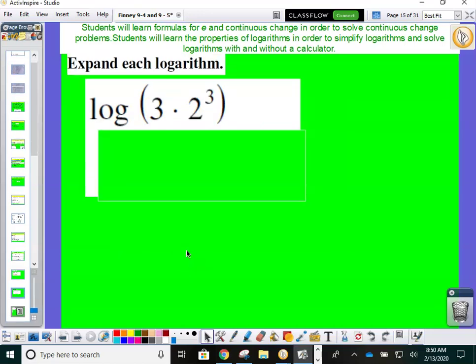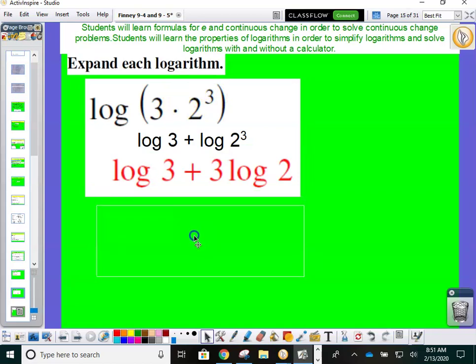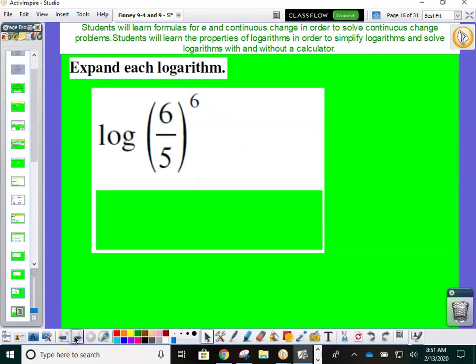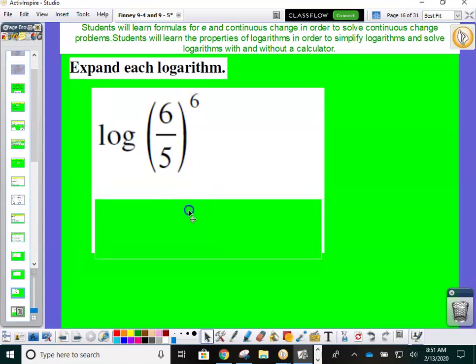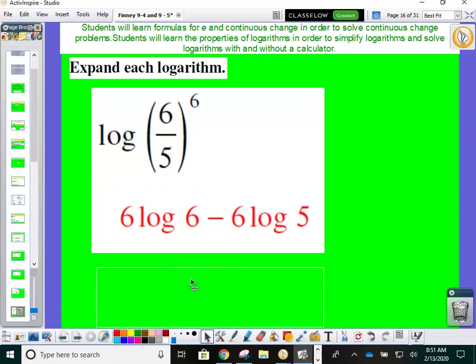Now this one's a combo platter because we're going to do the log of 3 plus the log of 2 to the third. But since that has an exponent in front of it, we can put that in front of the log of 2. Again, we can put that log 6 in front and then do the log of 6 minus the log of 5 and then distribute.